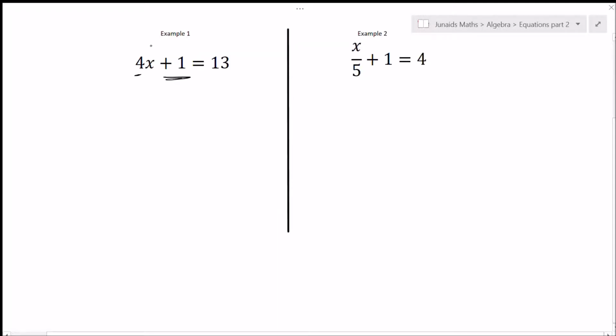So if we call this the left hand side and this the right hand side, then you can see that on the left hand side we have x, 4 and 1. But what we need is just the x. So first of all, we are going to get rid of plus 1 and then the 4.